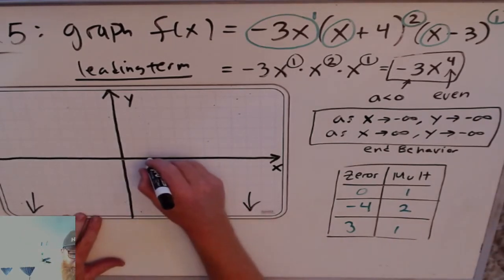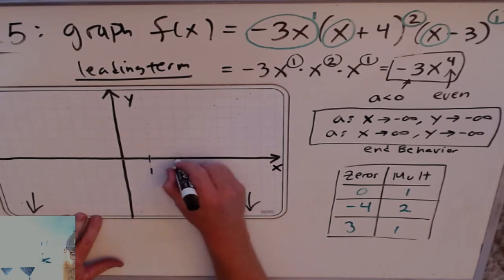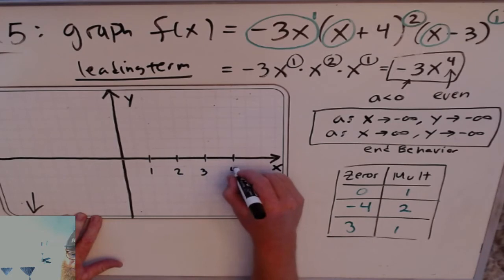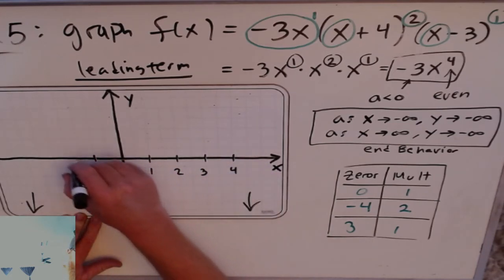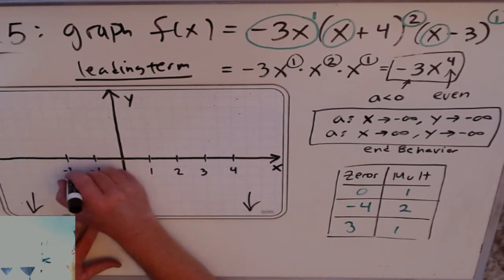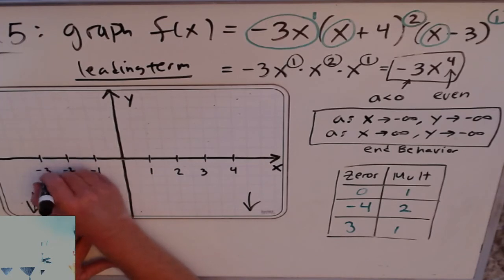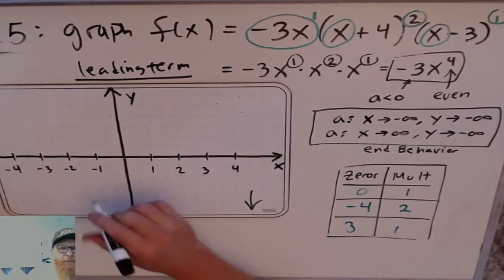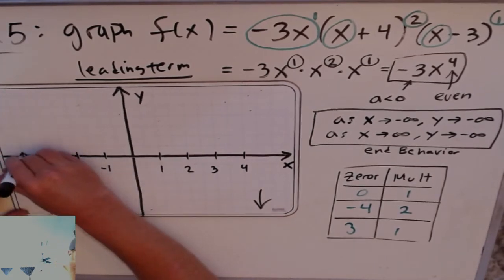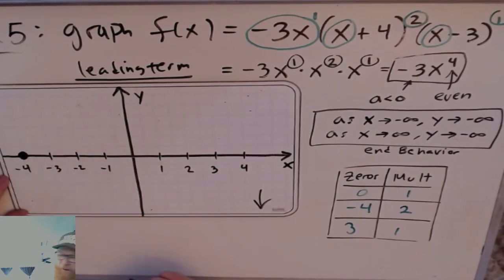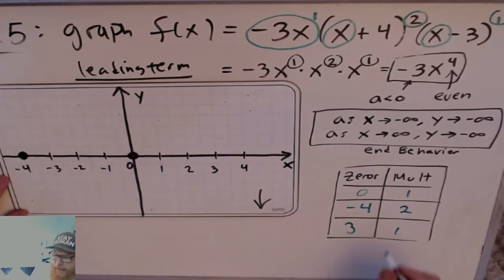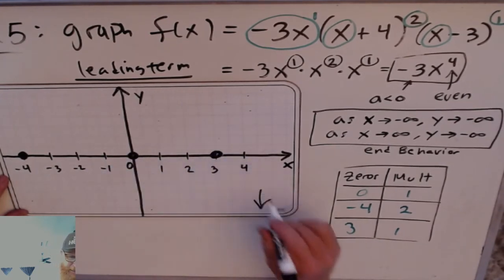All right, let's graph it. I'm going to count by 2s here, just so that it makes the graph easier to read. I've got a dot at -4, one at 0, and one at 3.